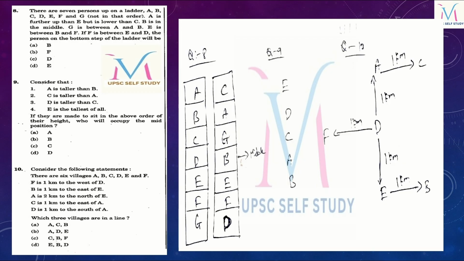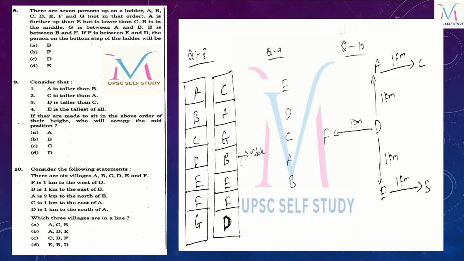There are 7 persons on a ladder, A, B, C, D, E, F and G, and not in order. So look at the solution answer box. For question number 8, in the first ladder I have written A to G, that is rough, but they are not in order. And look at the second box now.